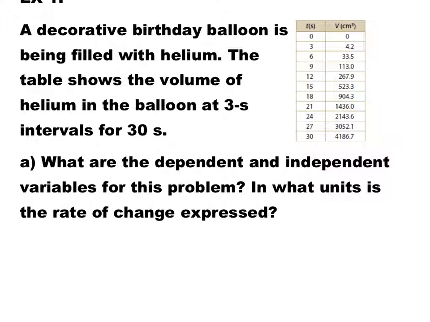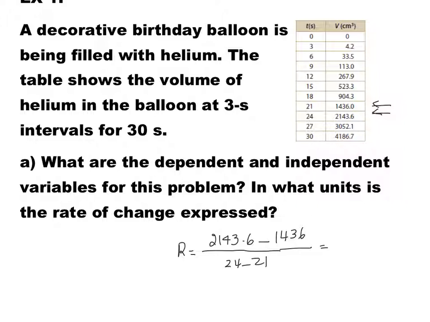The next question was between 21 seconds to 24 seconds. So again, 21 seconds here, 24 seconds here. So again, rate of change is equal to 2,143.6 minus 1,436 divided by 24 minus 21.